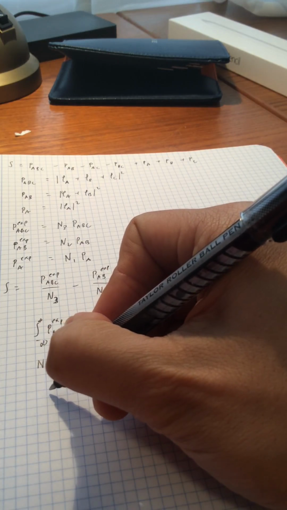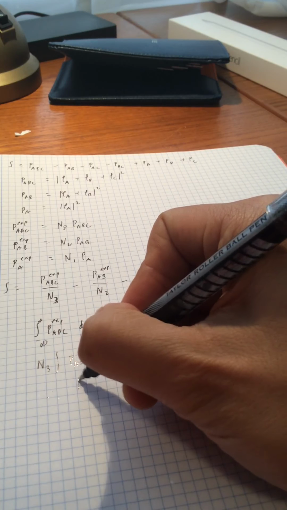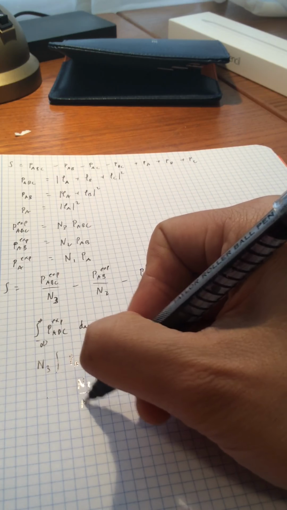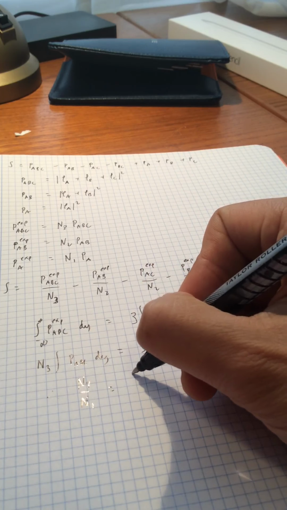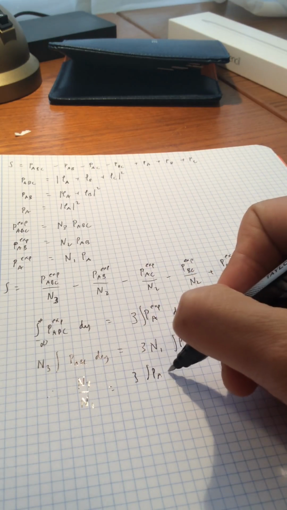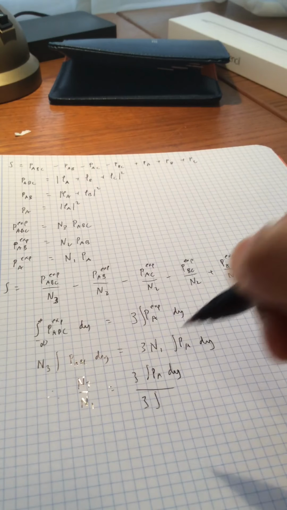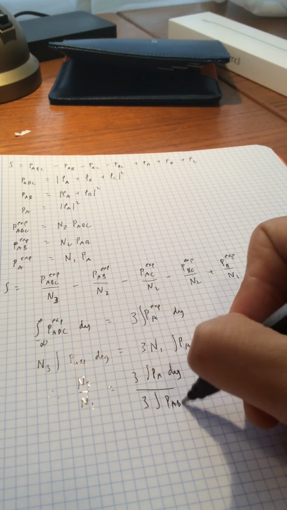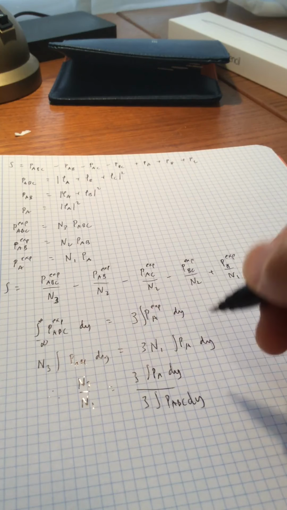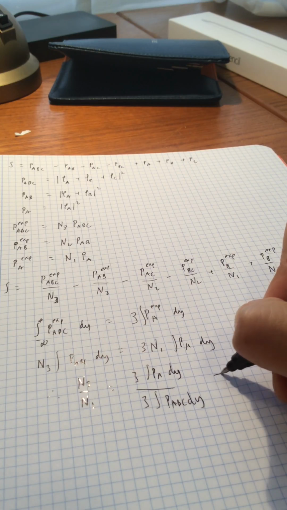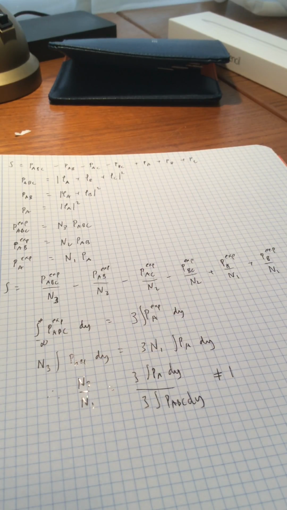And therefore, N3 on N1 is equal to 3 integral of PA dy over integral of PABC dy. And we know that this doesn't equal 1. Therefore, N3 does not equal N1.